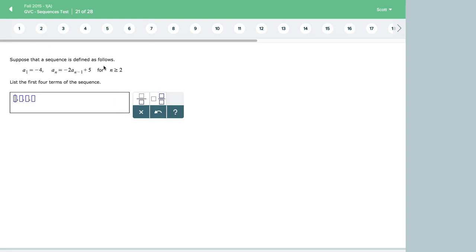Next one, suppose that a sequence is defined. Now, it's not saying arithmetic or geometric, it's just saying a sequence right there. I crossed it off by mistake, but it's a sequence. This part confuses a lot of people. First, we want to start with the first term. The first term is -4. Okay, now the part we need to try to remember is this one right here, that a sub n minus 1 just means the last known number.